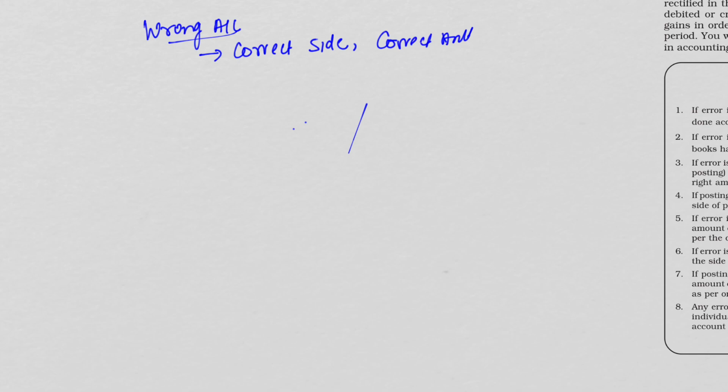Principle 3 we have, if posting is made to wrong account, then we have to assume that the posting was done on the correct side with correct amount. For example, credit sale to Mohan of rupees 5,000 is wrongly posted to Sohan's account.